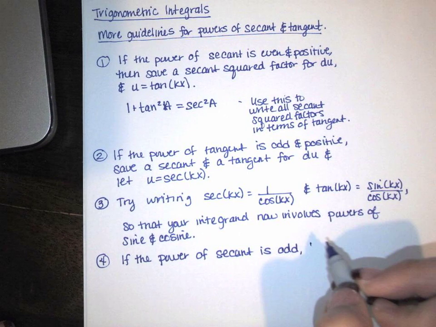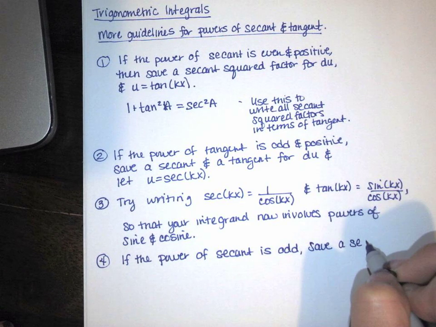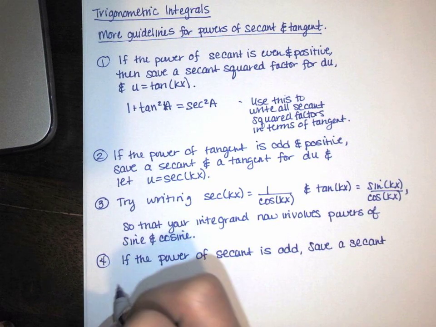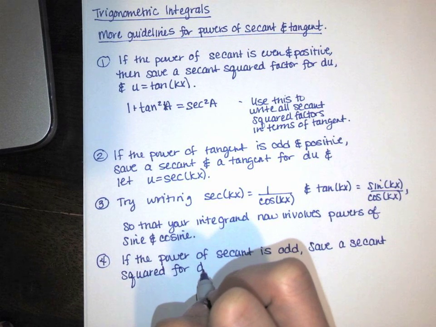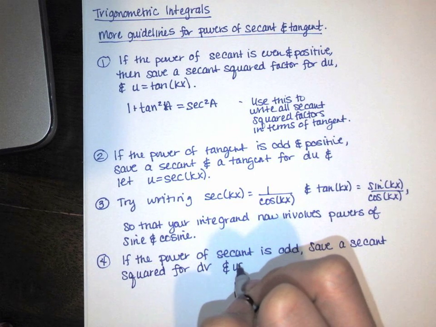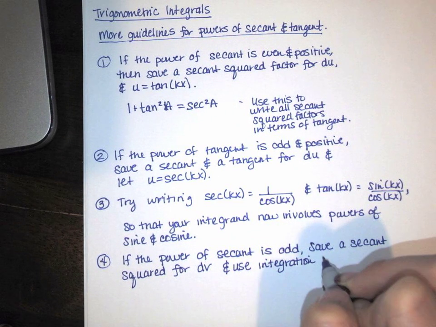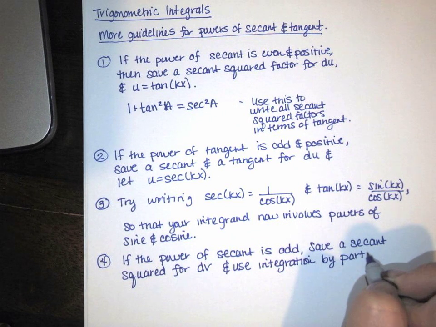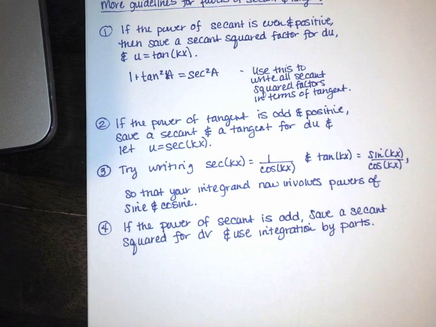You might let or save a secant squared factor for dv, and then use integration by parts. Now this is a special problem in that you end up with the integral of your secant to that odd power on the left-hand side and the right-hand side of an equality, and you have to solve for the integral. And I'll show you an example of that in a minute.